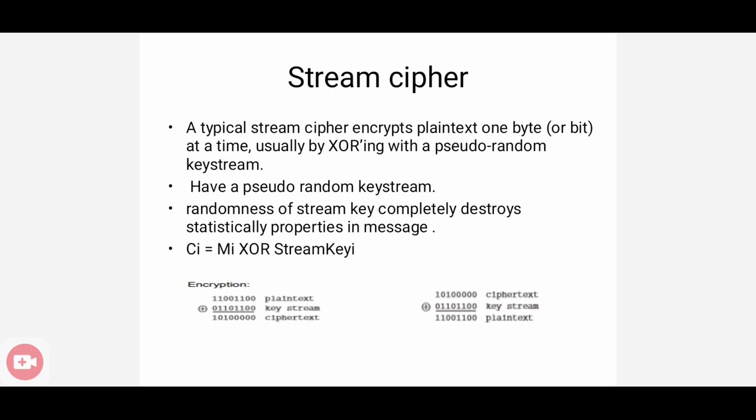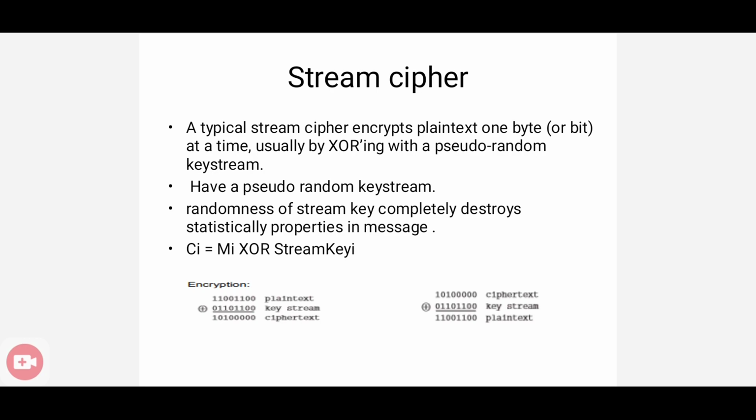In the same way in decryption, the cipher text we got after encryption is the input of the decryption procedure. We have the same key stream, and again performing the XOR operation, we get the plain text. This is the procedure in the RC4 stream cipher mechanism.